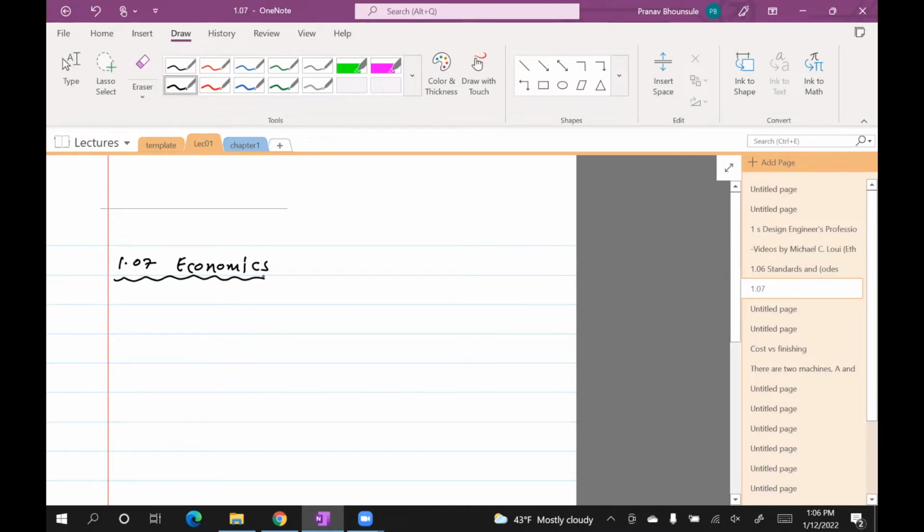Anything in the industry is driven by either the ability to sustain or to produce a profit, right?